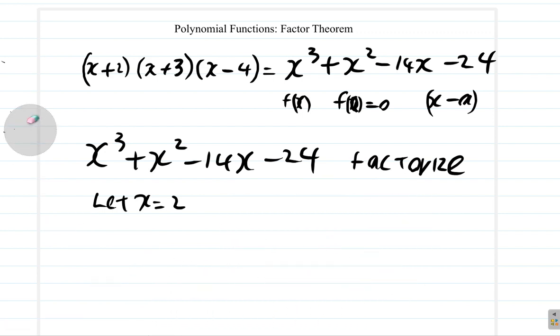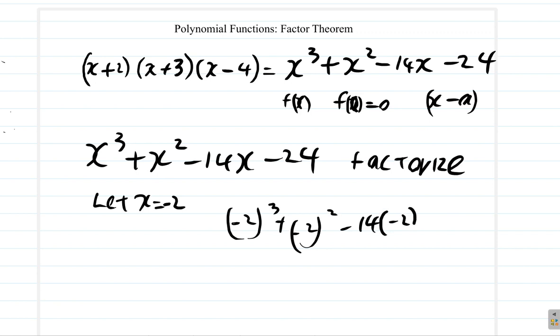So you try positive 1, then negative 1, then positive 2, then negative 2. Then what you have is negative 2 cubed plus negative 2 squared minus 14 by negative 2 minus 24. Negative 2 cubed, negative 8.